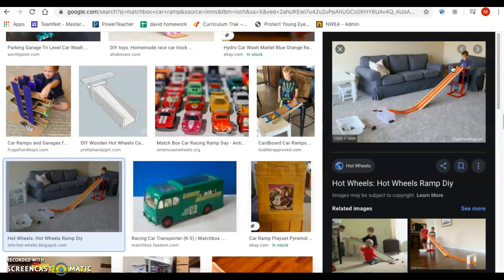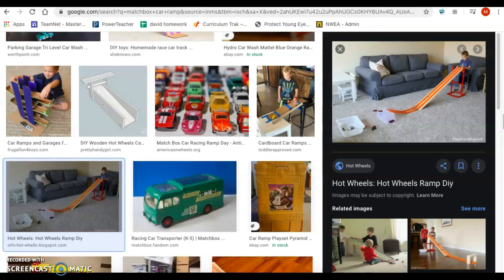They can't change the length of the track. They can't change where it hits the floor. They can't change what car they're using. They have to control all their variables except for either, and they can only change one, initial height or final height. Okay? And then they take some data, run the car a few times at different increments, see how far the car actually flies, stuff like that.